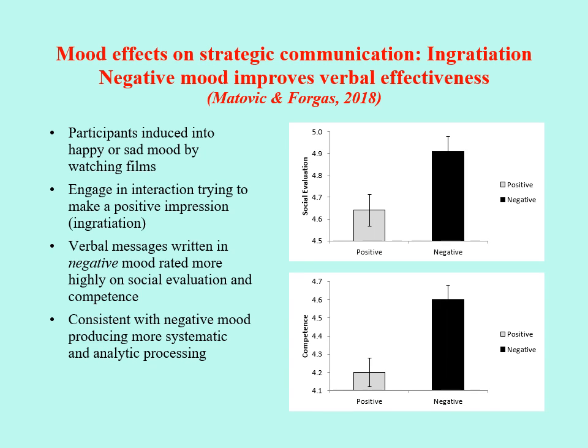This result is consistent with the prediction that slight changes in information processing strategies, in this case induced by moods, can have a significant effect on how people use verbal communication in pragmatic everyday situations.